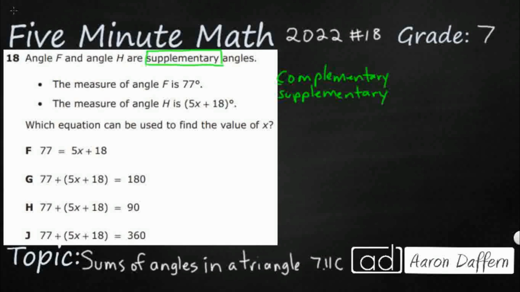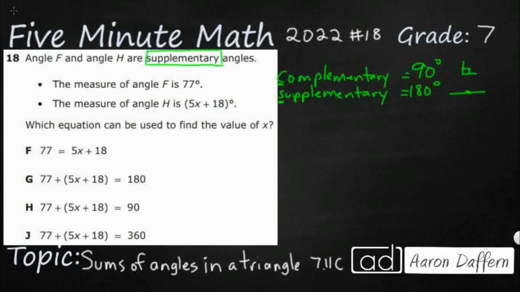Okay, so I keep these two straight by putting them in alphabetical order. Complementary angles are angles that equal 90 degrees. Supplementary angles are angles that equal 180 degrees. Okay, so we've got like a right angle, and then we've got a straight angle right here.